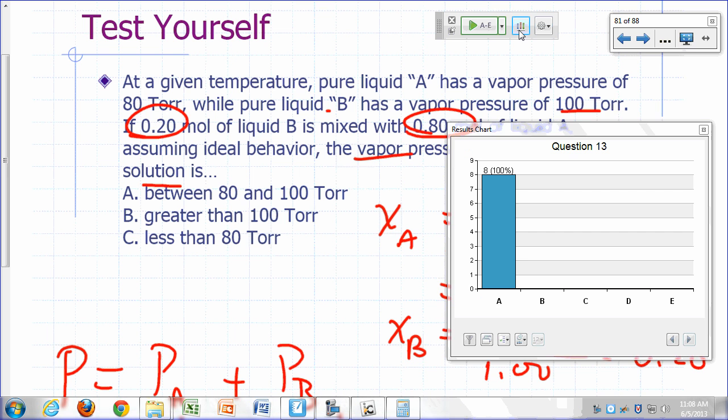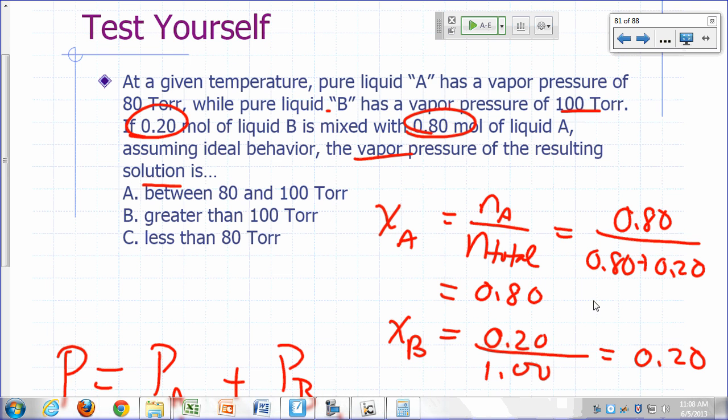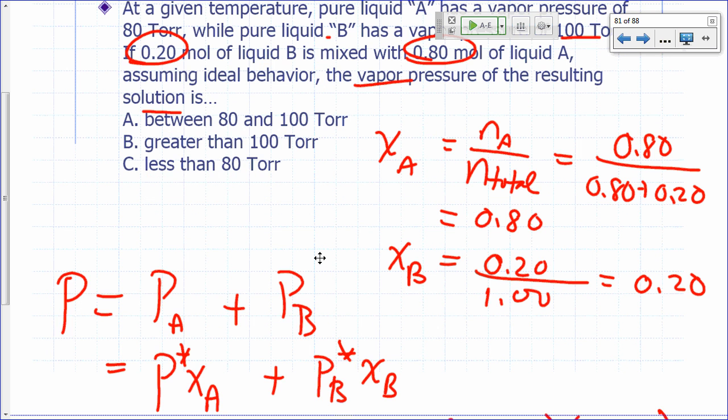Okay. Answer is between 80 and 100. In fact, if you were to make a plot of this, it's a way to visualize this.